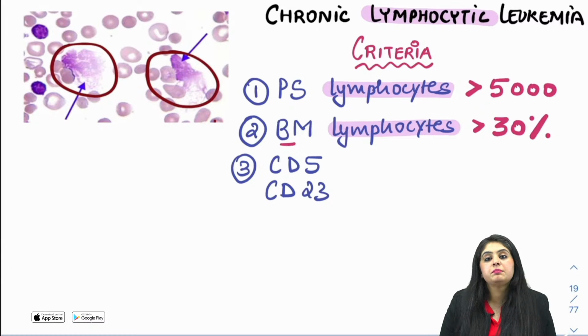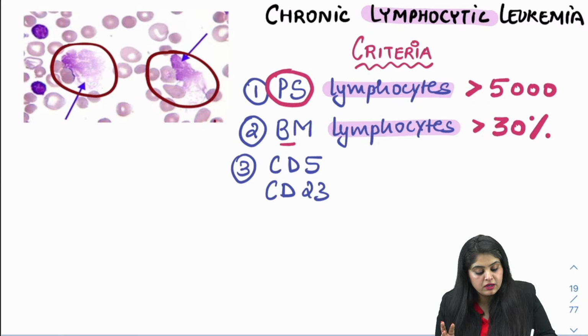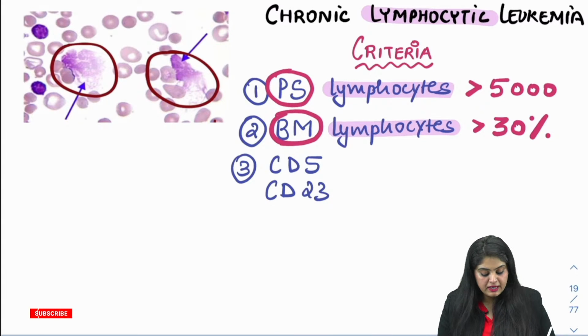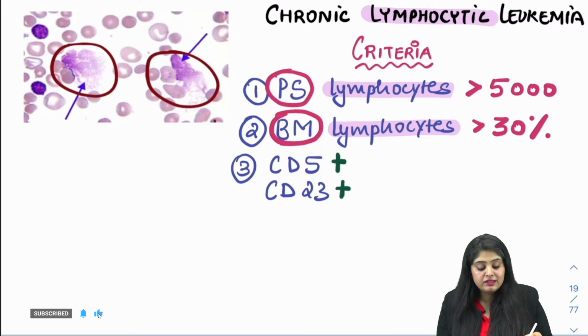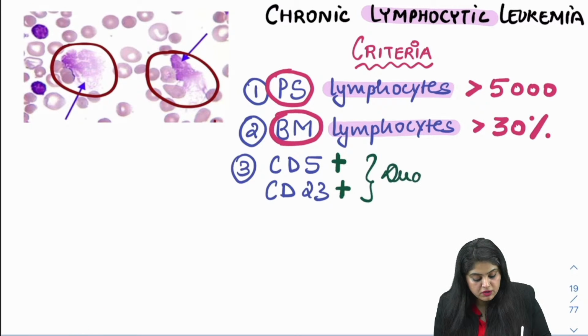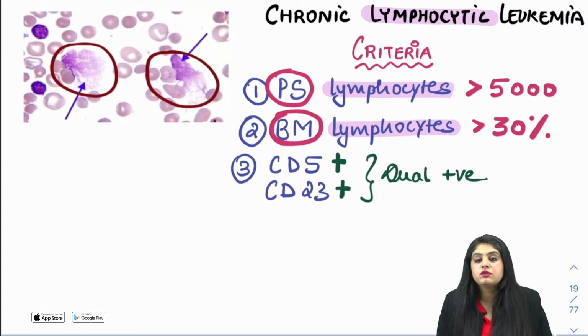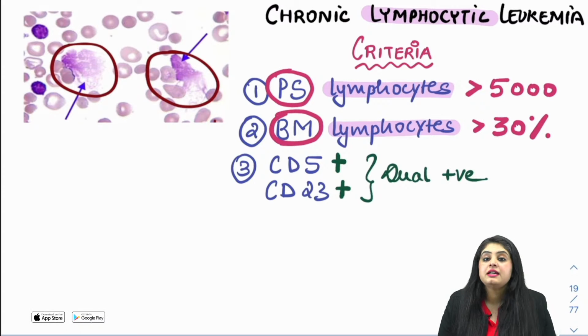More than 30%. You will have to know both of these lymphocyte criteria. Finally, you need 2 CD markers, and both have to be positive. Dual positivity is seen, that is CD5 and CD23.